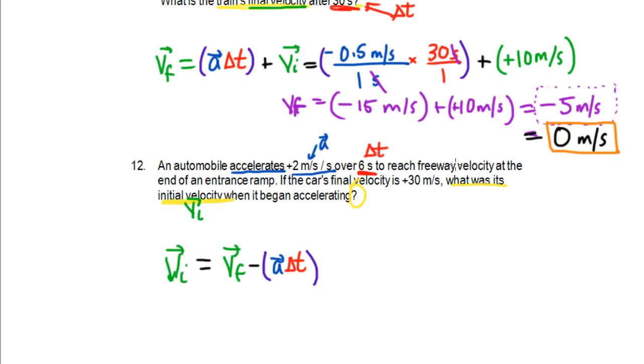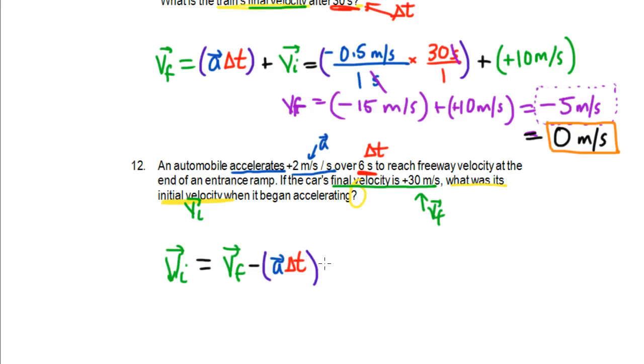To reach freeway velocity, if the car's final velocity, so it even tells me this is my final velocity, it's 30 meters per second. That's v sub f. And so that's all I need: v sub f, a, delta t. Let's plug in and solve.